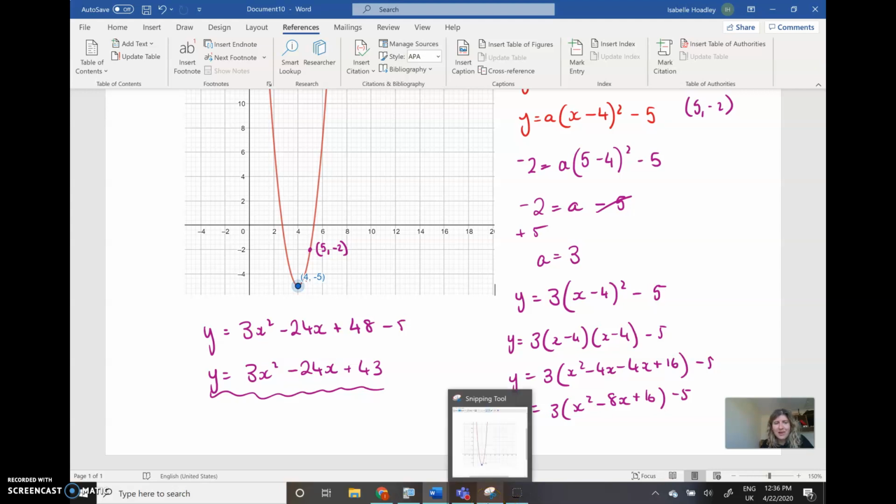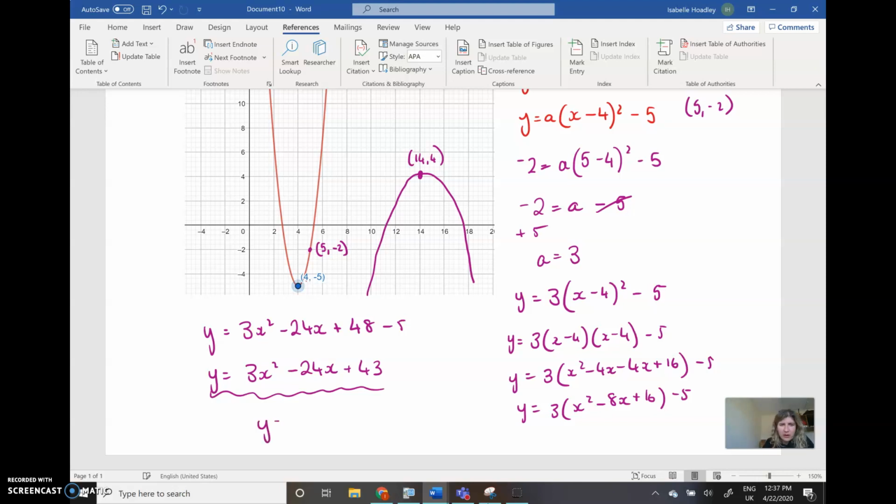Okay, last thing we should probably just talk about quickly is remembering where you've got a negative function. So I'm just going to make one up here. If, for example, we had this one, we've got a y value of 4, x value 14, so 14, 4. Now, if we were putting this one together, ignoring the a value for the moment, because we're just going to do it really quickly, my equation for this function would be y equals negative (x - 14) squared plus 4 in turning point form, of course.